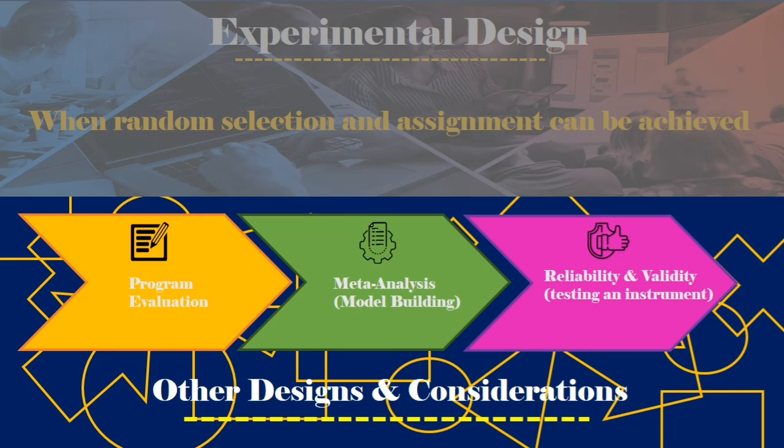Then another is meta-analysis or model building. This is a quantitative, formal, epidemiological study design, which is used to systematically assess the results of previous research to derive conclusions about the body of the research. This study is based on randomized, controlled, or clinical trials.